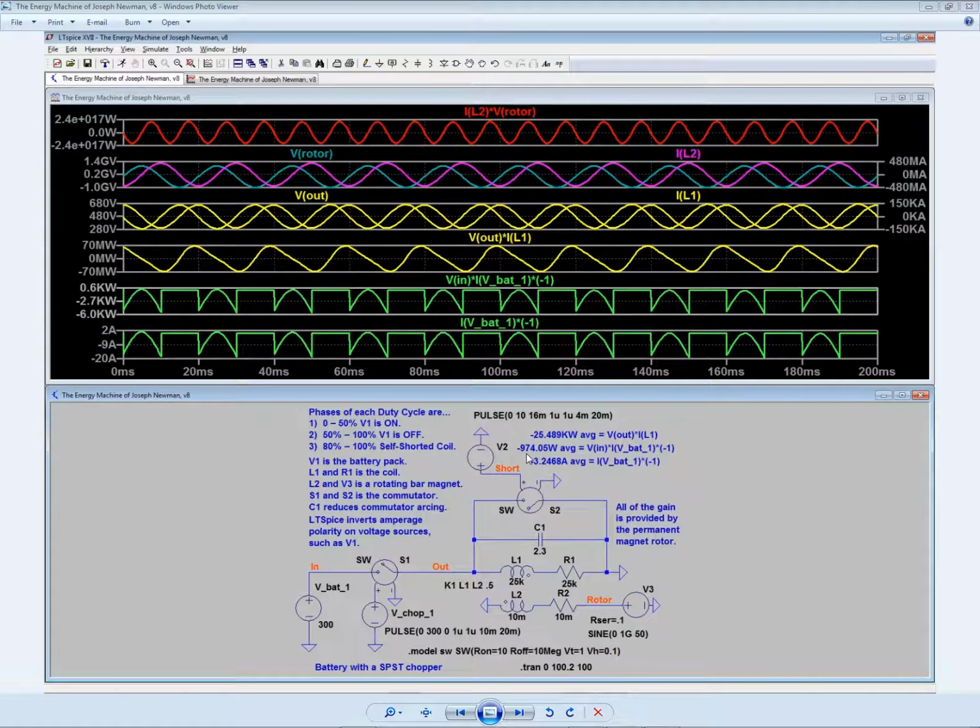So close to negative a kilowatt, showing that, again, energy wants to go back into the batteries. And then the average wattage on the coil is negative 25½ kilowatts. So everything about the system in the circuit is negative due to the influx of energy coming in from the rotating bar magnet, even though it's a loose coupling of 0.5.